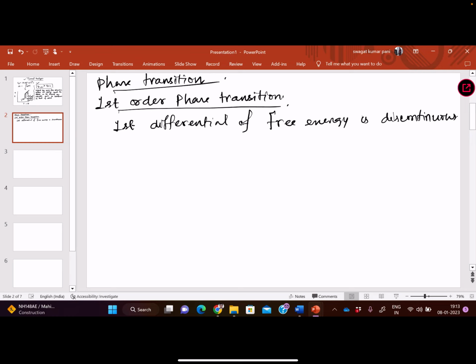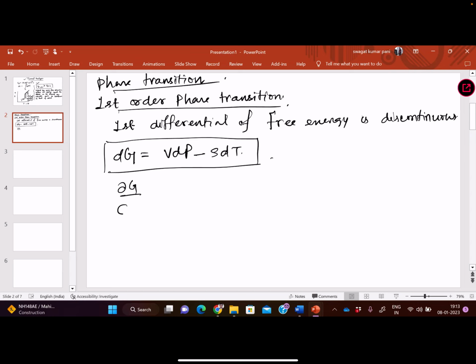So what does that mean? We'll take one equation, a more familiar one. Suppose we take the first derivative, del G by del P at constant temperature. What will it be? V, because at constant temperature the other term becomes 0.